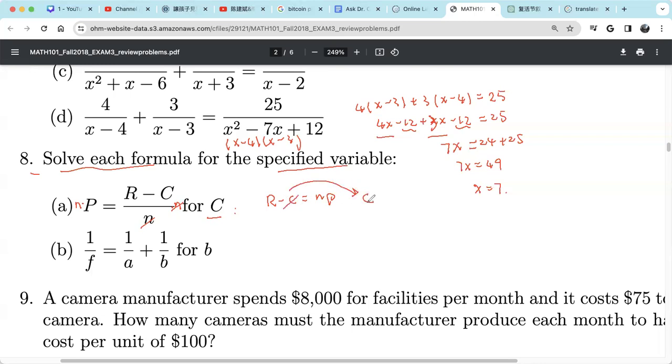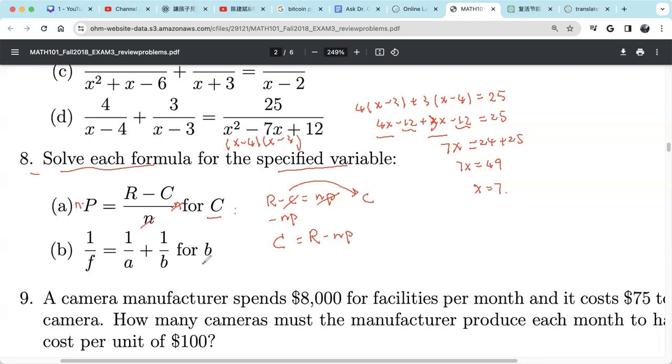It becomes positive. Move NP to the other side, it becomes negative. So we have R minus NP equals C. So C equals R minus NP.